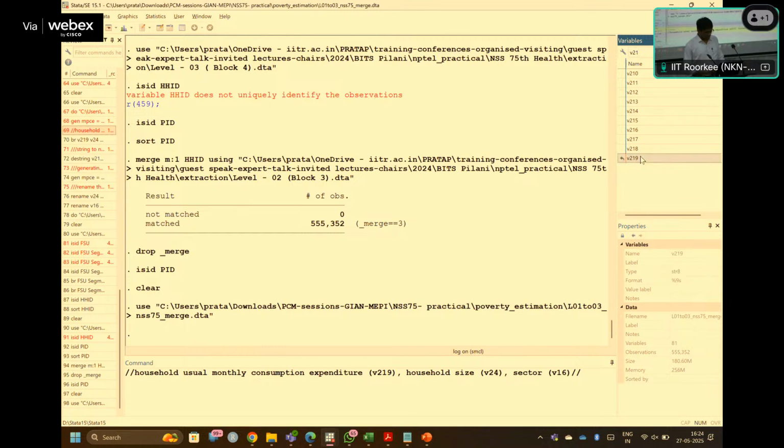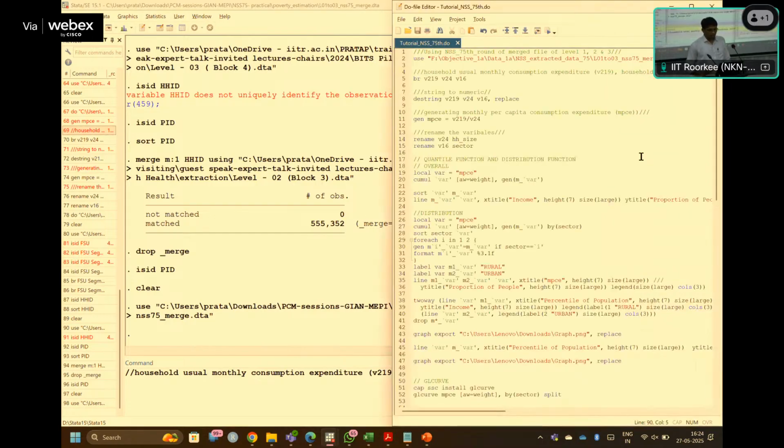It's on household monthly consumption expenditure. And another one is your household size. So if we divide the household expenditure by household size, we'll get the per capita. So per capita monthly expenditure is here. That is why we have divided this and generated it as a proxy of our income.